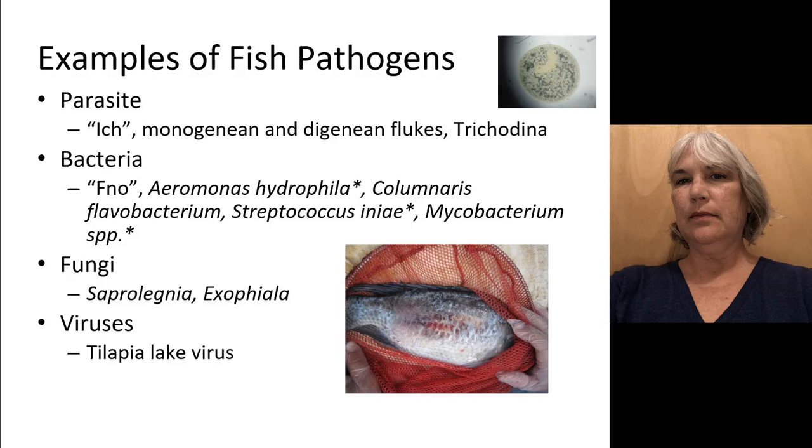Bacterial infections, they might be bloated, have perhaps pop-eye, not eating very well. Funguses are generally a secondary or tertiary problem to something like poor water quality. And the newest one is the tilapia lake virus that's occurring worldwide, affecting the tilapia. And viruses are very difficult to detect without professional diagnostic capabilities.